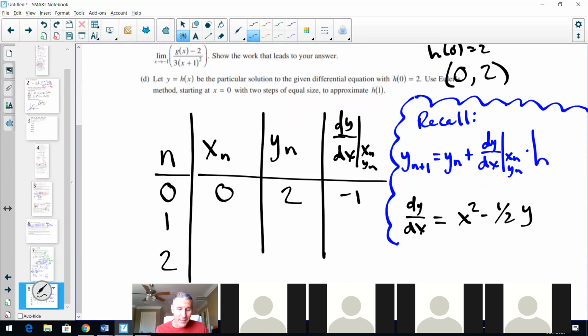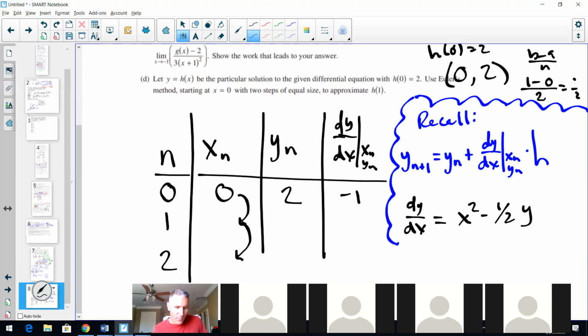So what I'm saying is, this is now going down here for my x values is just the next step. If I start at 0 and I'm going to 1 and I'm using 2 steps, the step size is going to be 1/2 because it's just (b minus a) over n, where b is 1, a is 0, and n is 2.